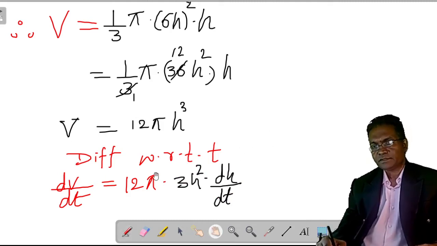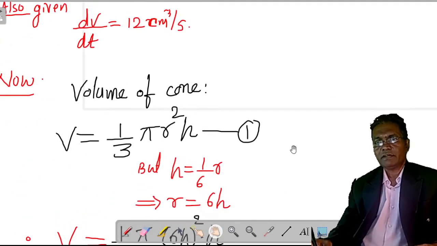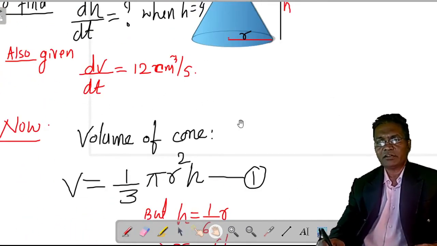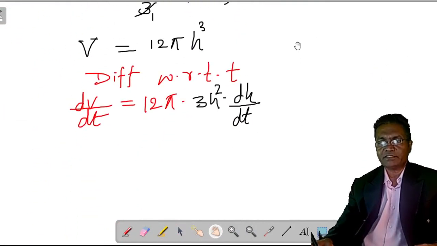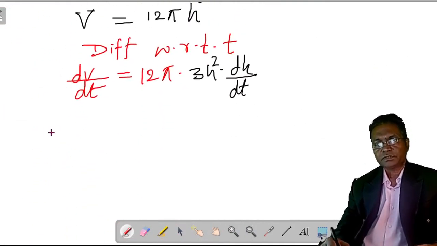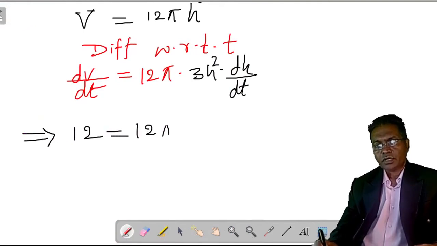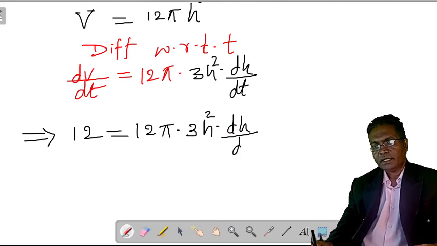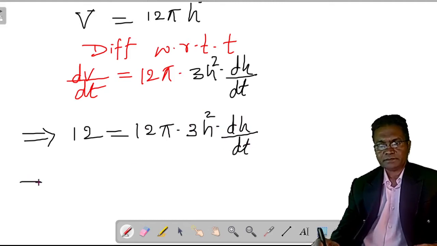Now substitute dV by dt as 12, since volume is increasing at the rate of 12 centimeter cube per second: 12 equals 12 pi into 3h square dh by dt.